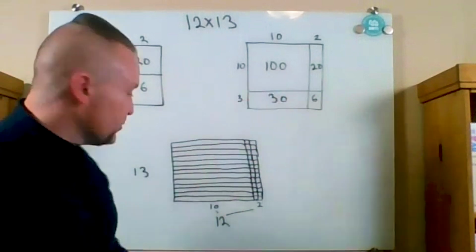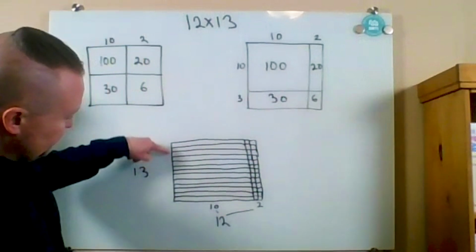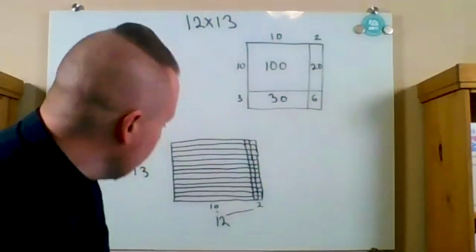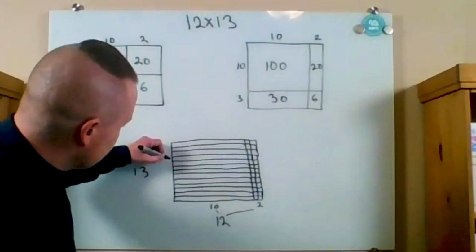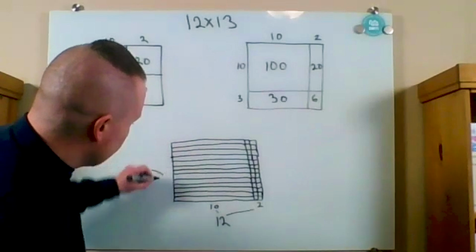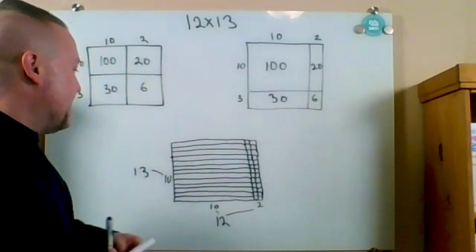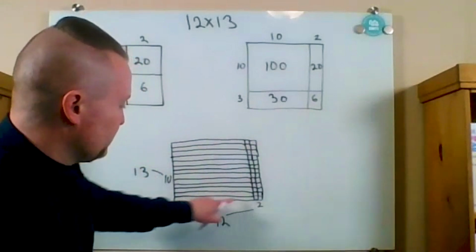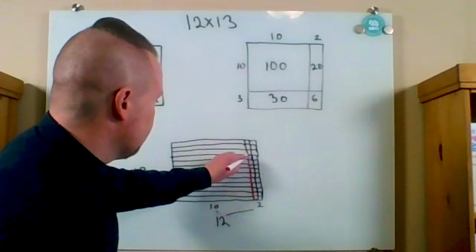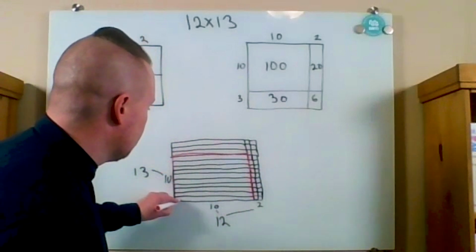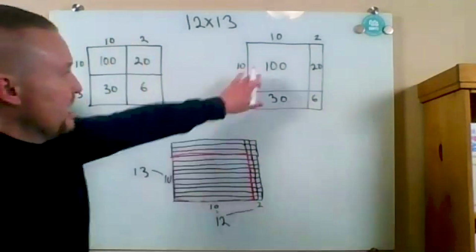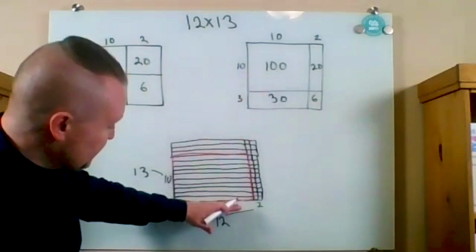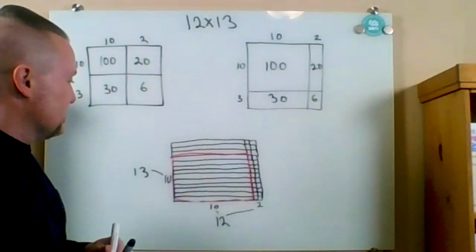But before we wrap up, I'll show you how to build this idea in a way that matches up with that arrangement. So if we look at the 13, if we count up until we get to 10, right here, there's the 10. If we start with just this 10, this section here ends up being that 10 by 10, that 100, and you can see the 10 units of 10.